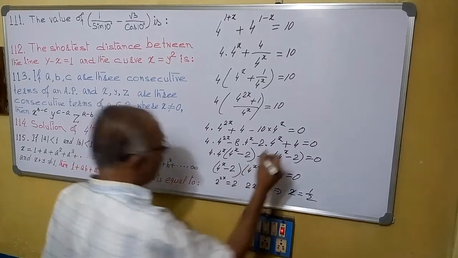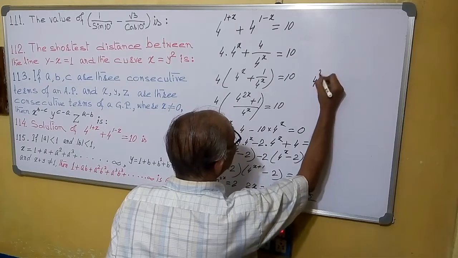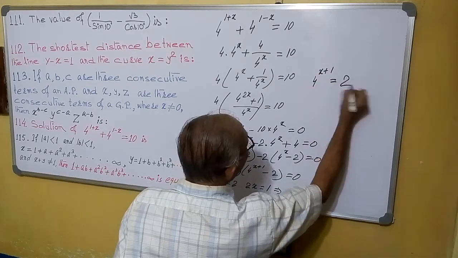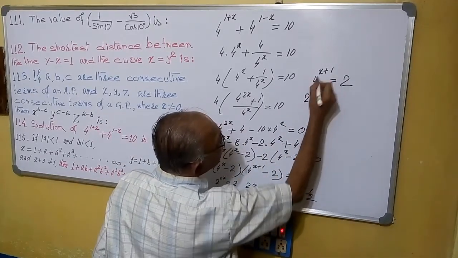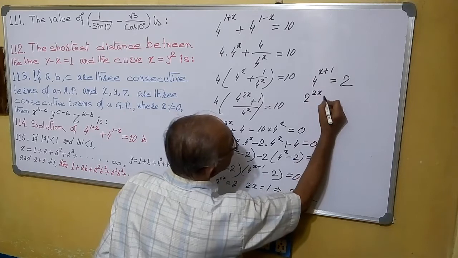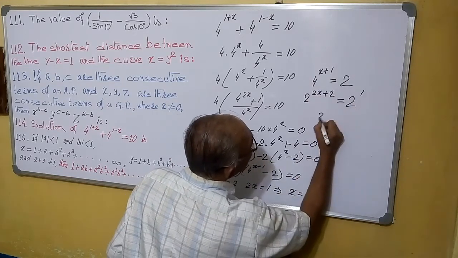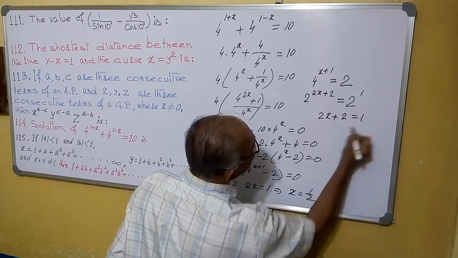Another possibility is 4 to the power x plus 1 equals 2. From here we can write 2 to the power whole square, that is 2x plus 2 equals 2 to the power 1. From here we can write 2x plus 2 equals 1.